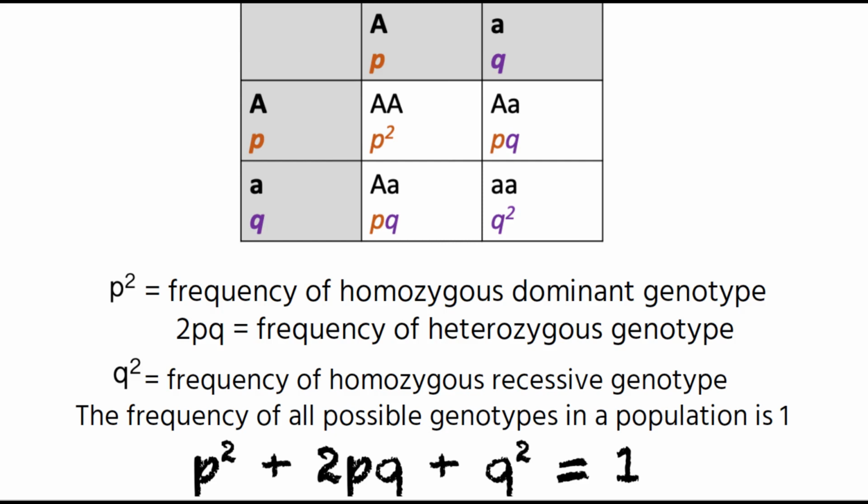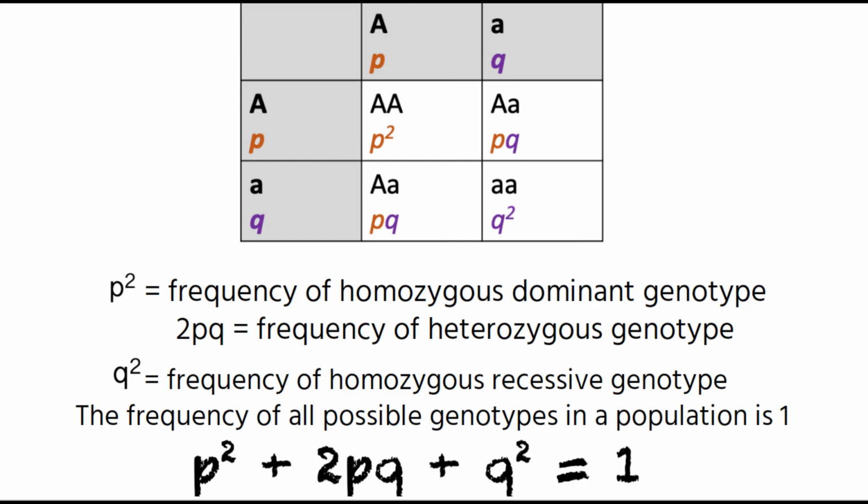If we say the frequency of genotype P squared, or AA, is 0.34, and the frequency of genotype PQ, or big A little a, is 0.27, the frequency of the genotype little a little a, or Q squared, must be 1 minus 0.34 minus 0.27 equals 0.39. That's the frequency of Q squared.